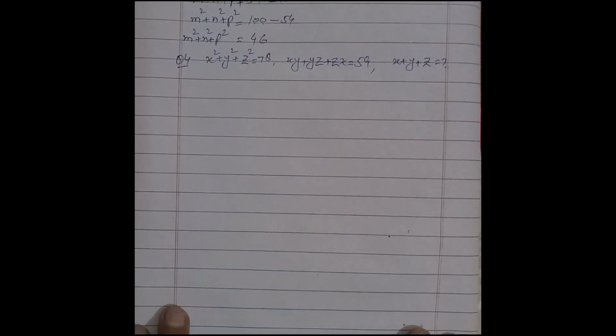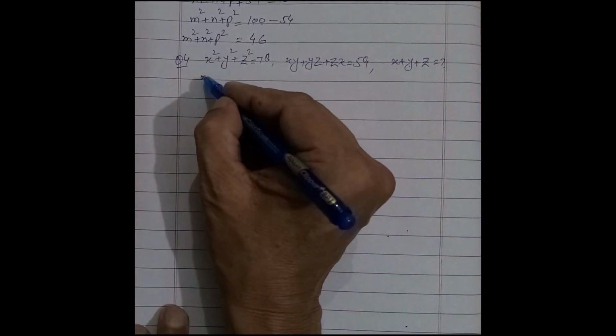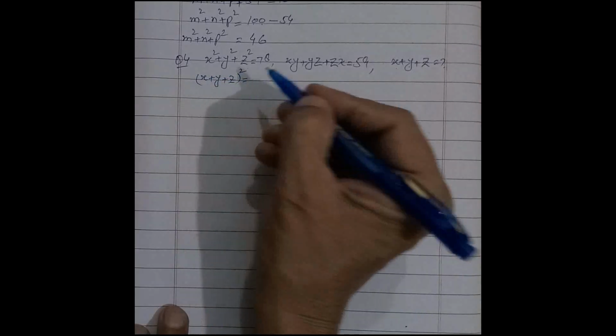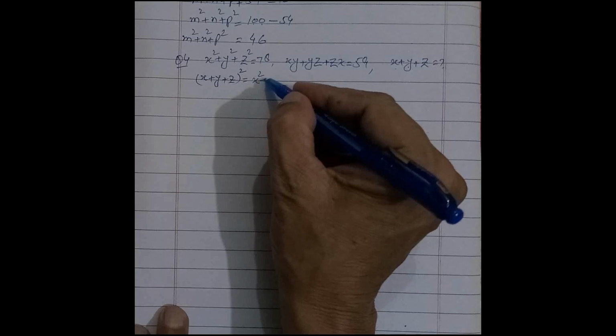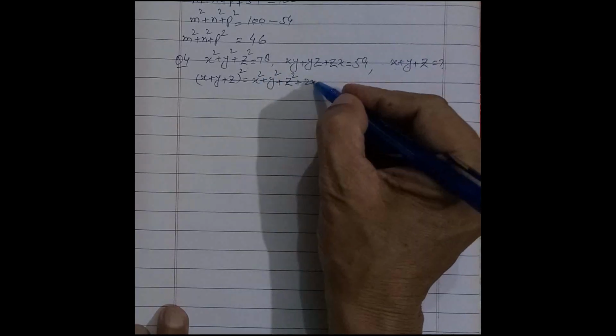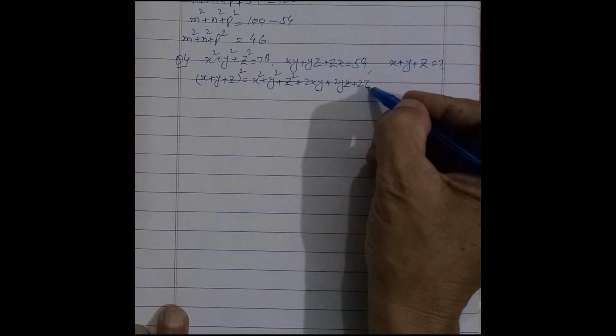In this question, we take the square of x plus y plus z. (x plus y plus z) whole square is equal to x square plus y square plus z square plus 2xy plus 2yz plus 2zx.